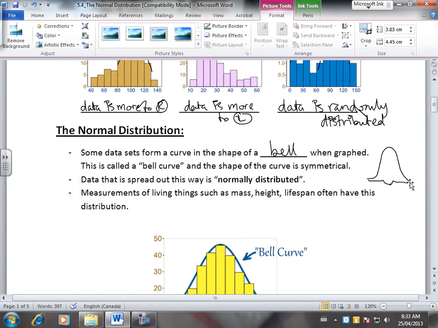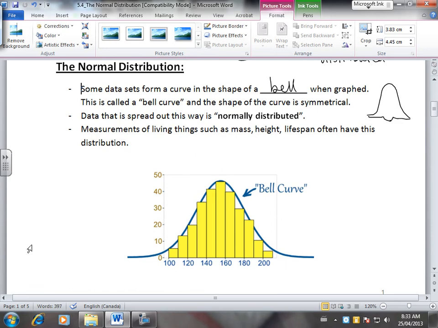And when data is distributed in a bell curve, then we say it's normally distributed. So if it looks like a bell curve, it's normally distributed. And most measurements of living things, so all the information that we gather about ourselves, so mass, height, lifespan, all these kinds of things have normal distribution, okay? And including things like IQ and all sorts of things.